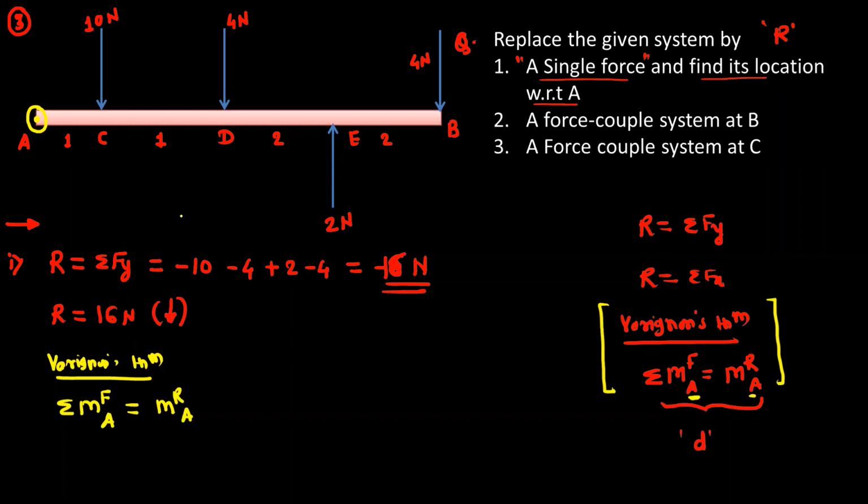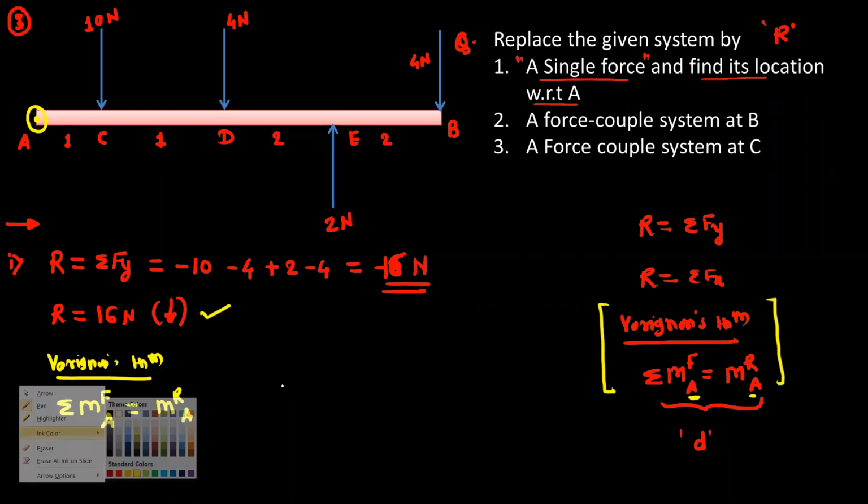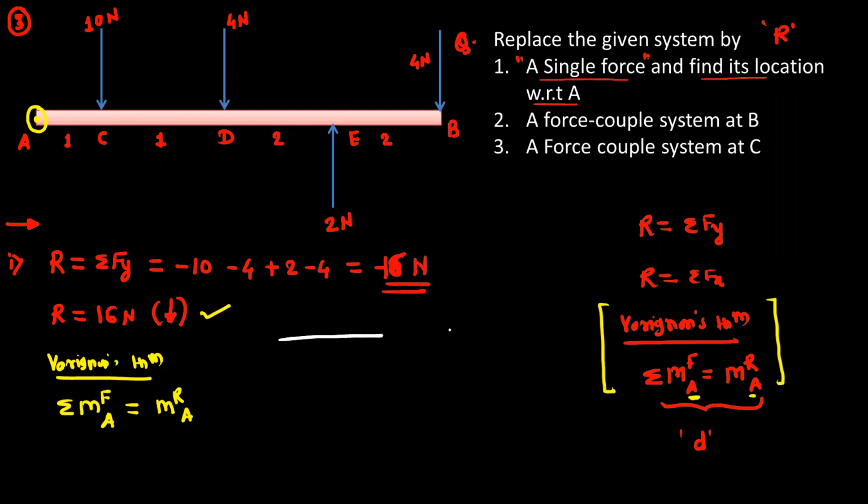Now here we can draw the resultant system where we can show this single force. The original system is called a system of forces. So we can draw the resultant system. It is the same rod AB.